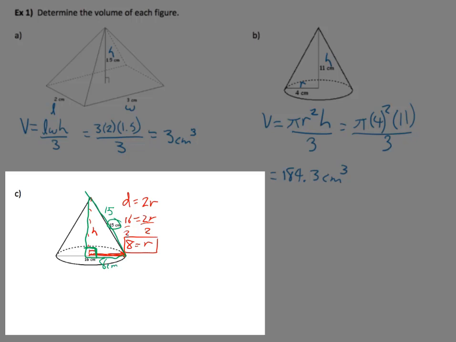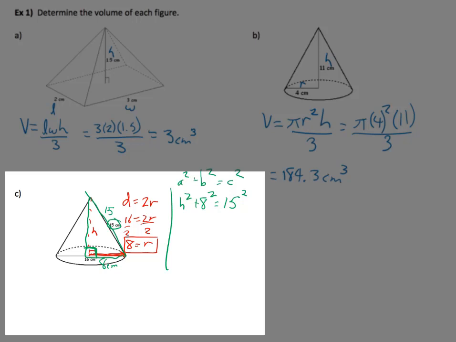We have a right angle triangle, and we're missing a side, so we're going to be using Pythagorean theorem. So our next step to figure out h is h squared plus 8 squared is equal to 15 squared. Right? Because this is a squared plus b squared equals c squared, which is our Pythagorean theorem.